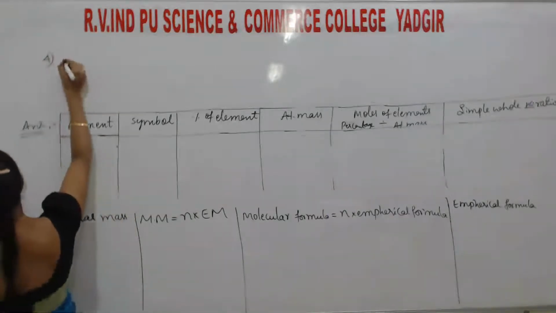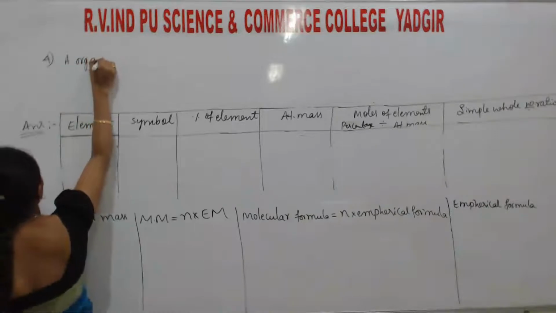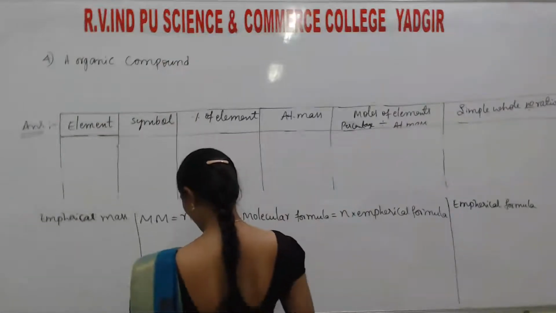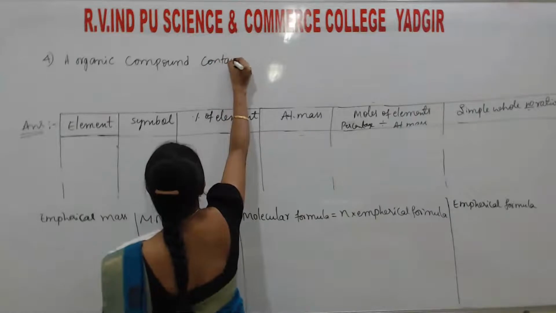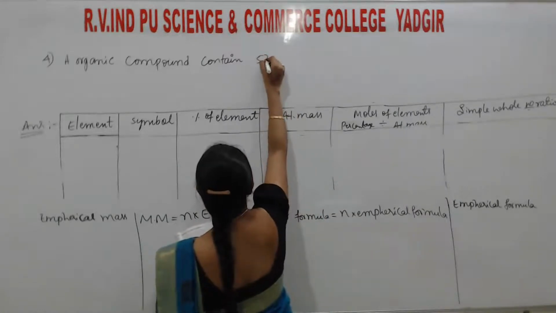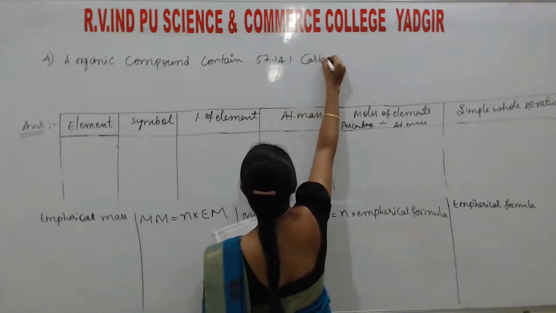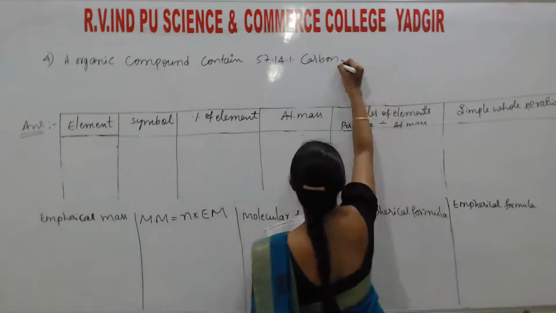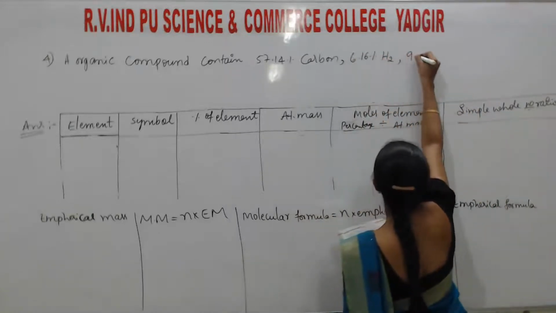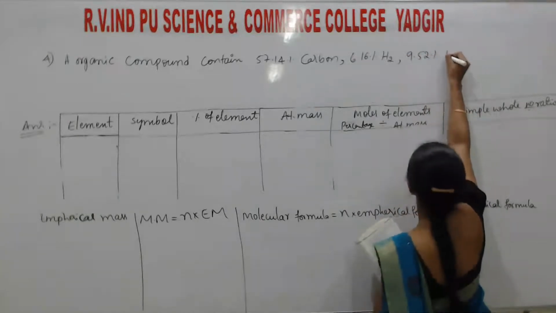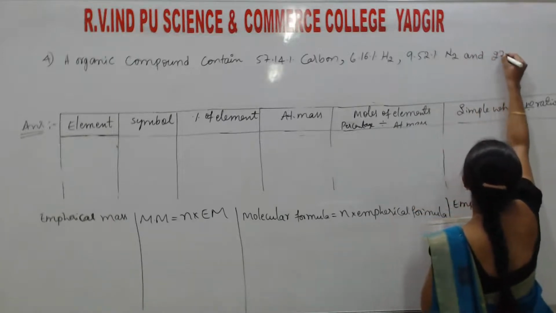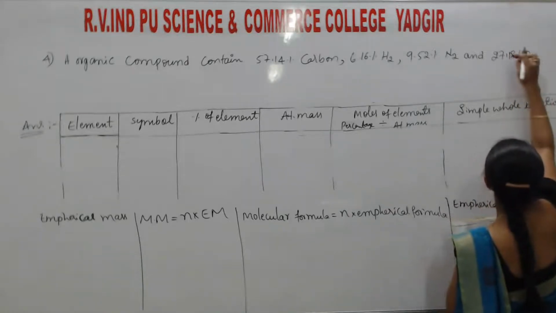Fourth one. An organic compound contains 57.14% carbon, 6.16% hydrogen, 9.52% nitrogen, and 27.18% oxygen.